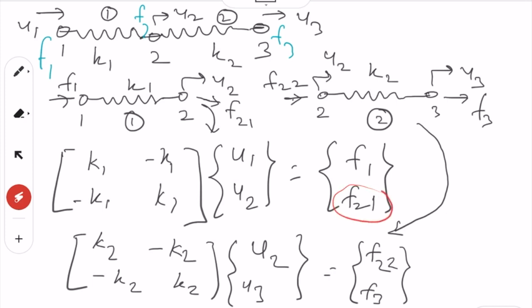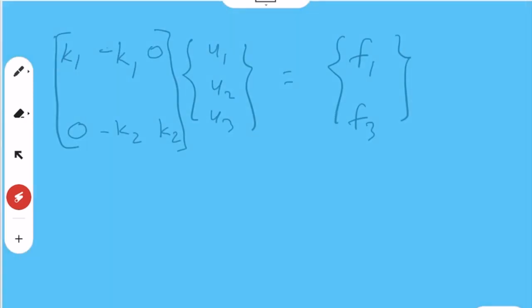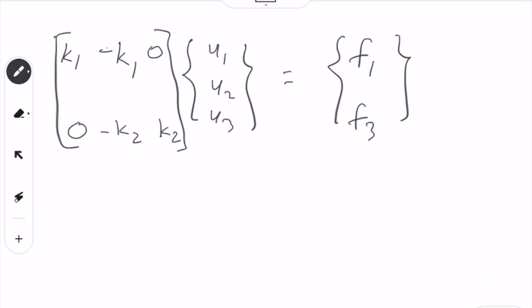So, this plus this is the addition simply, right, F21 plus F22. So, let us write that first. Okay. So, we have F21 plus F22.